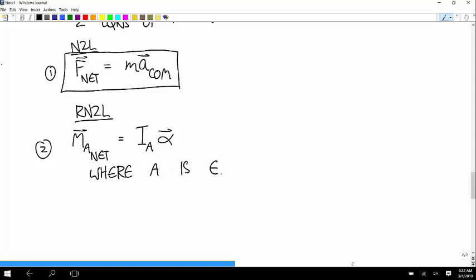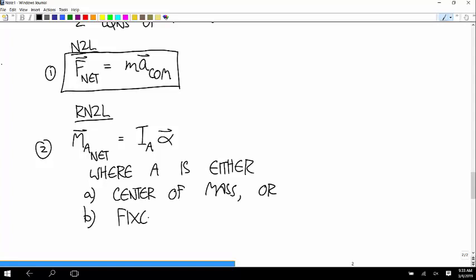So A is either, and there are two possibilities. Anyone remember what those are? I mentioned them just in passing. Center of mass, yep. And the other one is fixed in the inertial coordinate system.